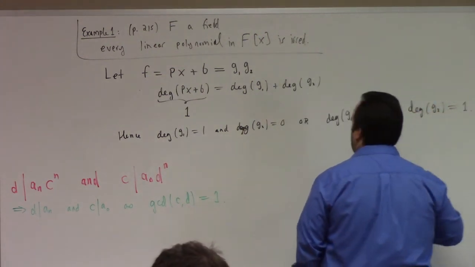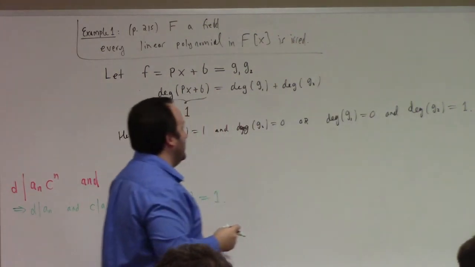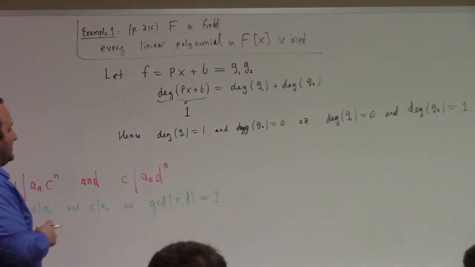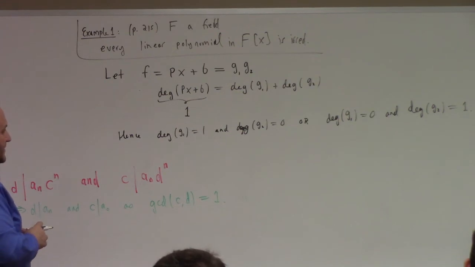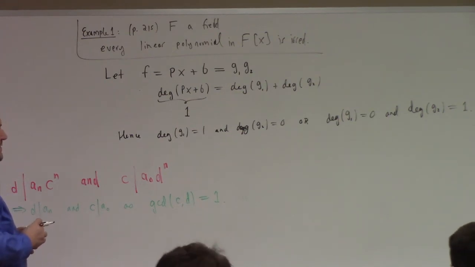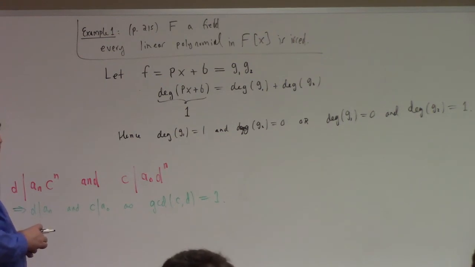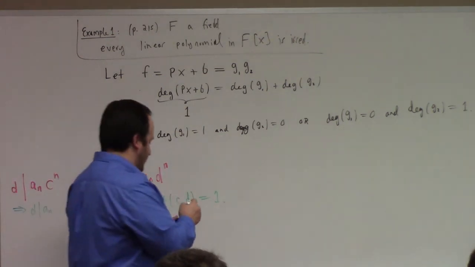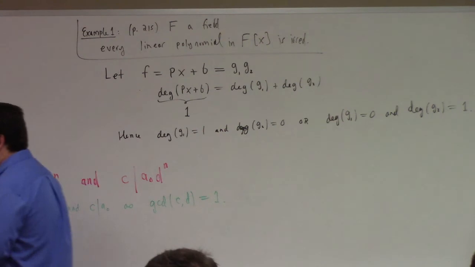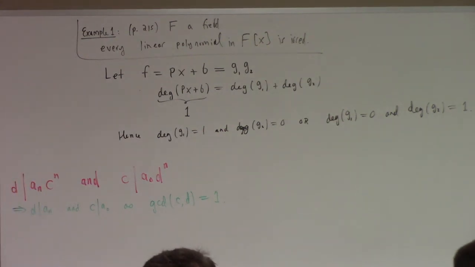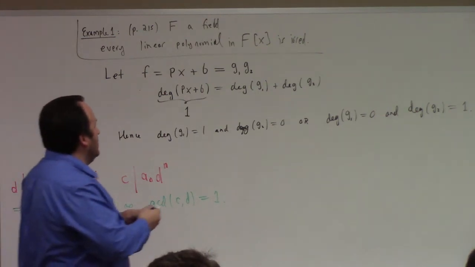Those are the only possibilities because the degree is a non-negative integer, right? Now, I do need to know that g1 and g2 are non-zero. For a problem like this, we should actually say these things, because it's an elementary problem, and elementary details should be in it.